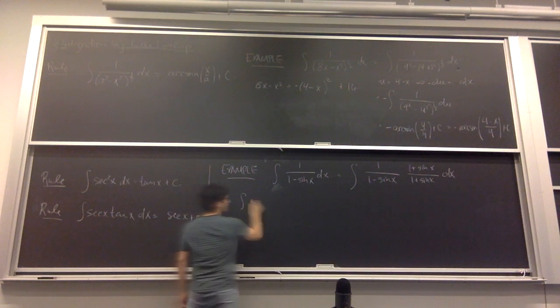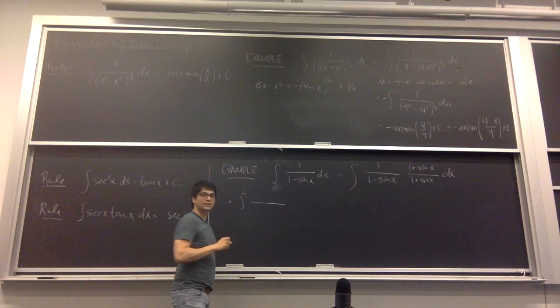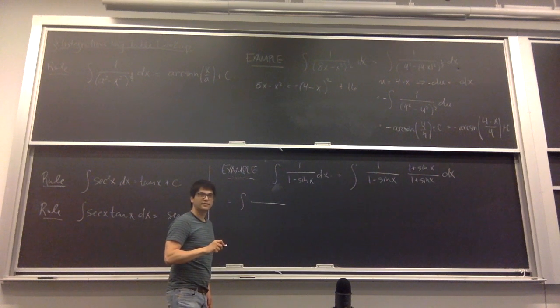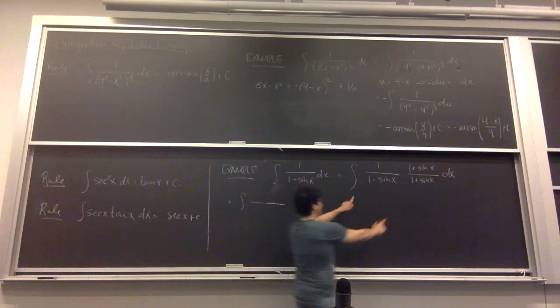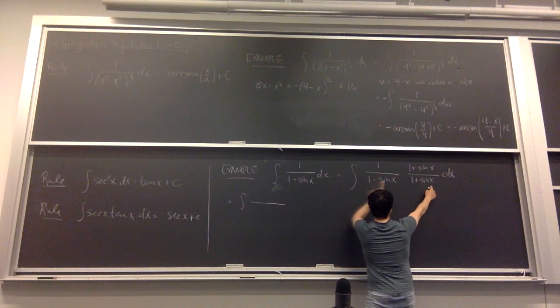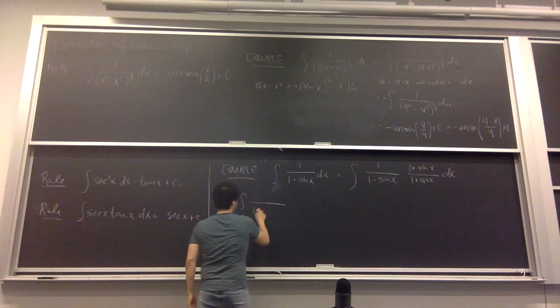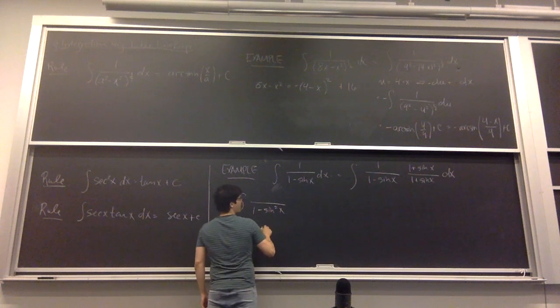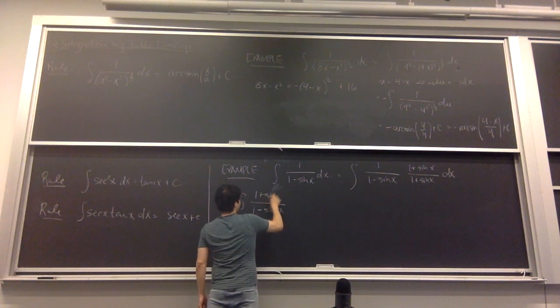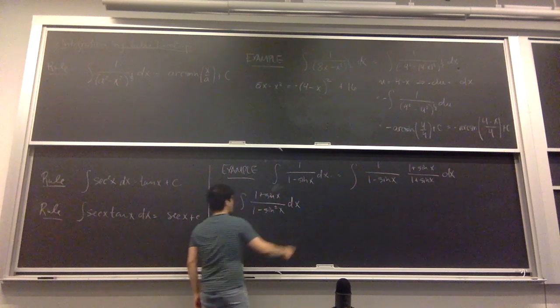A minus b times a plus b. 1 plus sine x minus sine x minus sine x squared. Right? 1 minus sine squared x, and the top is going to give you 1 plus sine x dx.